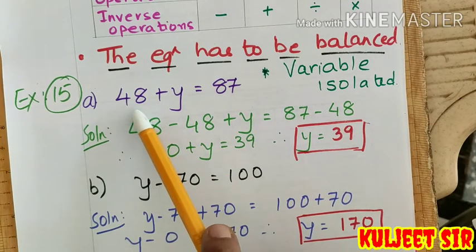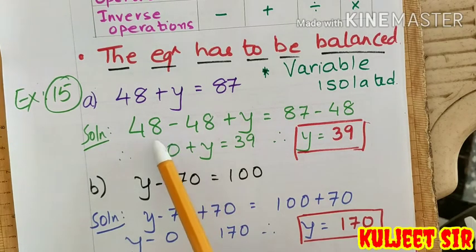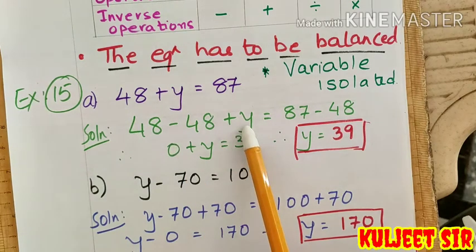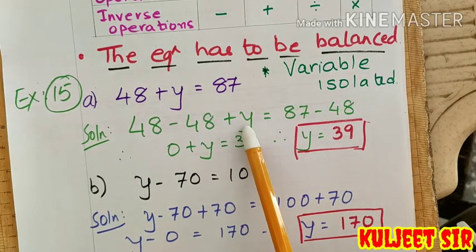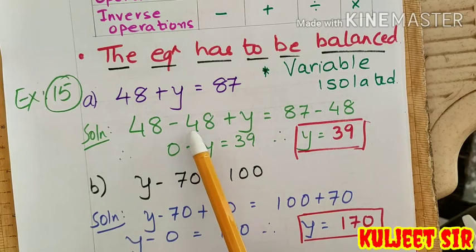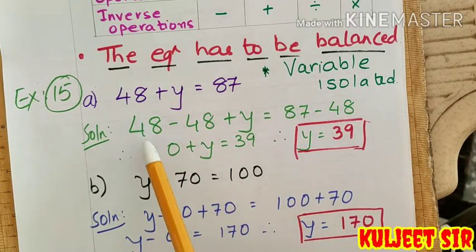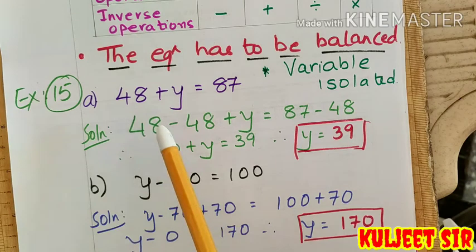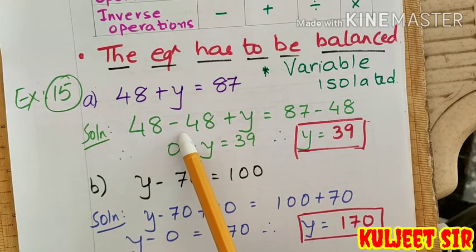Now if I have to bring a 0 over here, what will I do? I will put a minus 48 here. You can see 48 minus 48 and the y remains alone. But there is one more rule. Whatever you have done on the left hand side, the same has to be done on the right hand side also. So here 48 is the same 48 over here. I have to eliminate this and keep y alone.